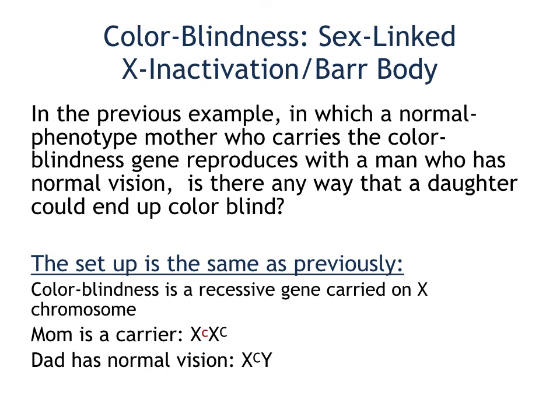So we already know what this mating looks like. We know that Mom carries one abnormal gene, which we see down here in red for the carrier status. And we know that Dad is normal vision, so he has a normal X chromosome with the capital C that's in black. So let's look at this for what happens with X inactivation.